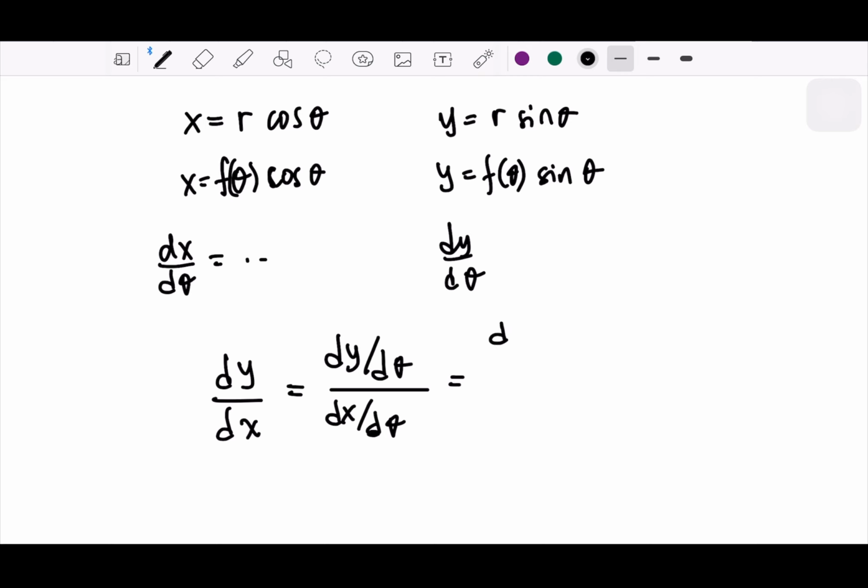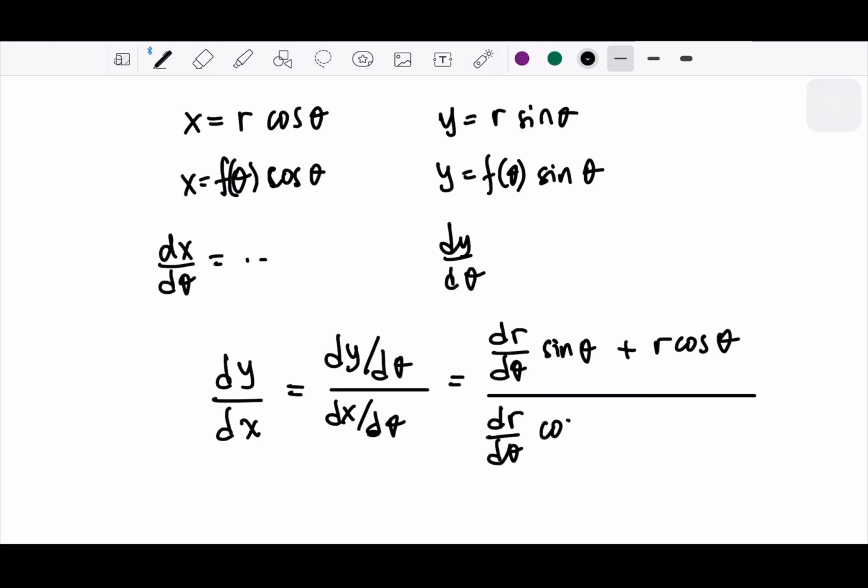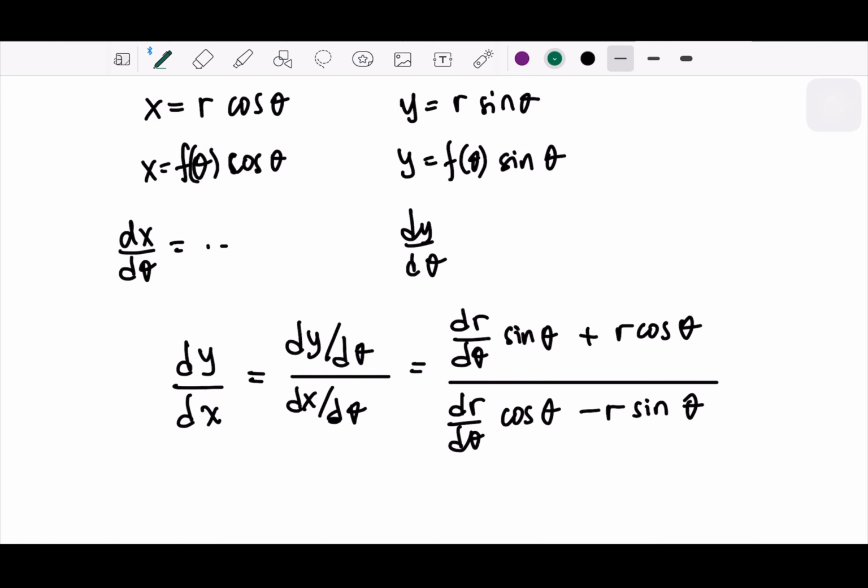So this will be dr over d theta sine theta plus r cosine theta. And that's practically the tangent.